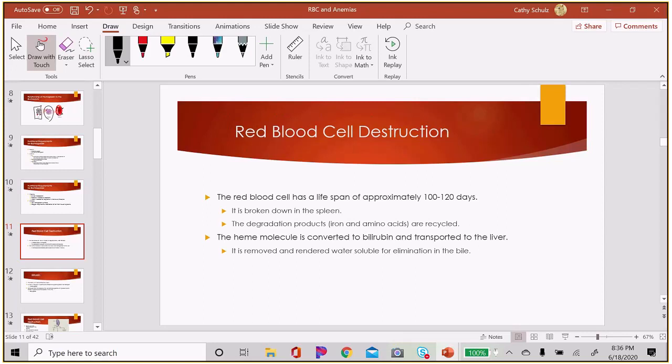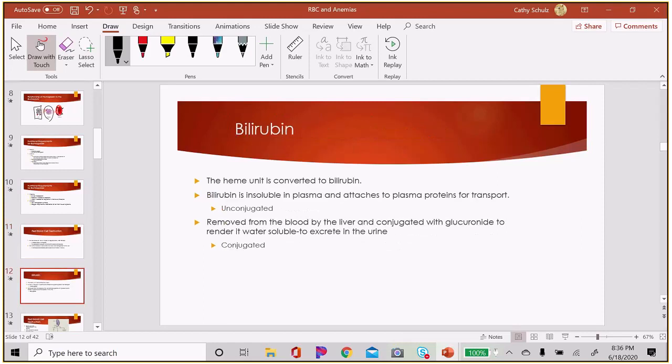And so as that older red blood cell starts to move through the sinuses, the little open areas of the red pulp of the spleen, it can't move through as well if it can't contract like it's supposed to. Then it'll get caught up in the spleen and interface with the macrophages that are in the spleen and be broken down into its component parts for recycling.